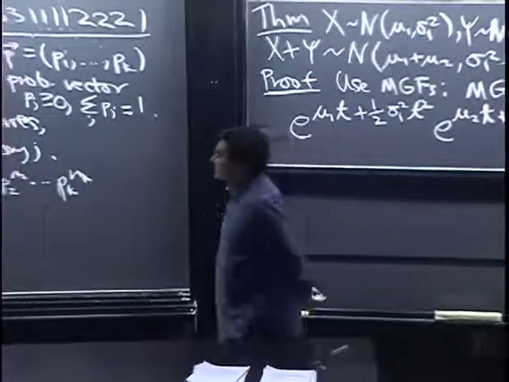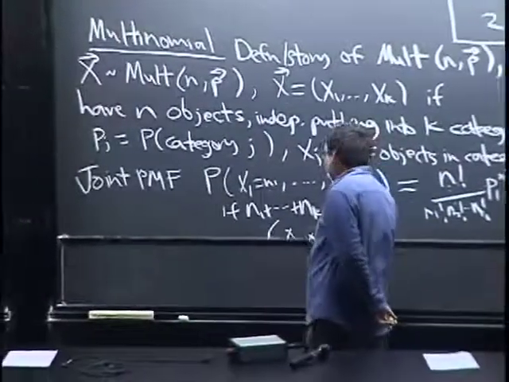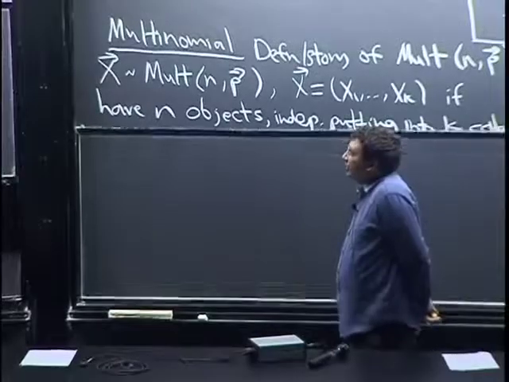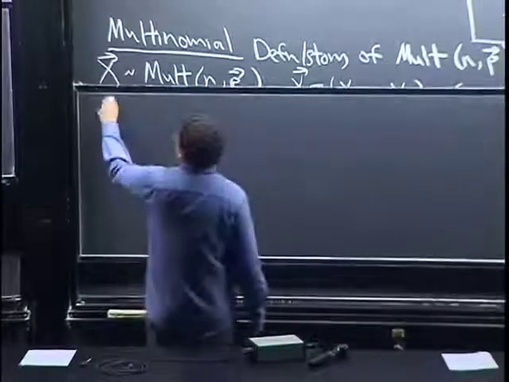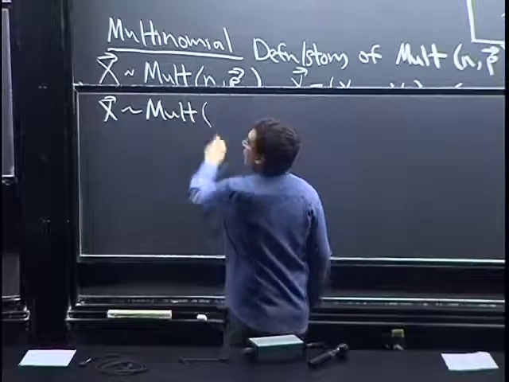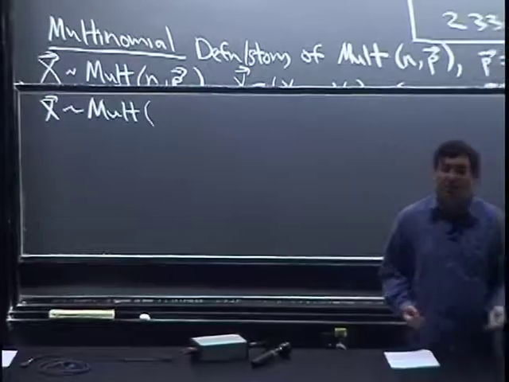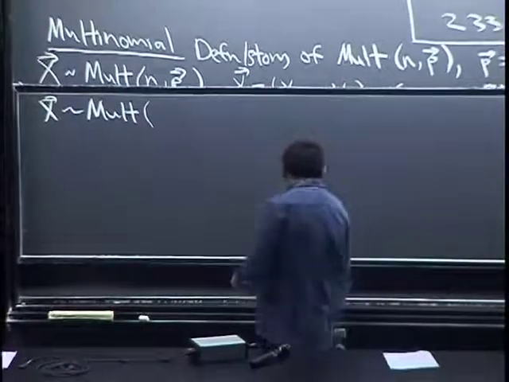Similarly, let's get the conditional distribution. So again, x is multinomial. What if we want a conditional distribution where we get to learn what x1 is, and we want the conditional distribution of the rest, given that we now know x1?